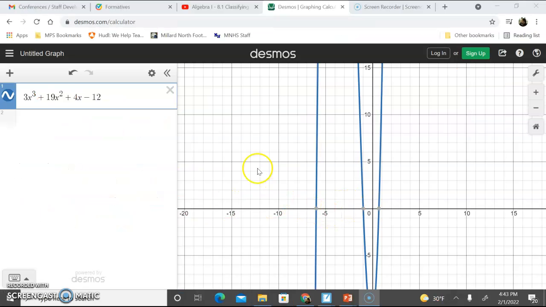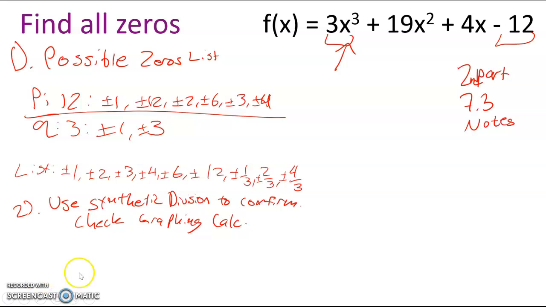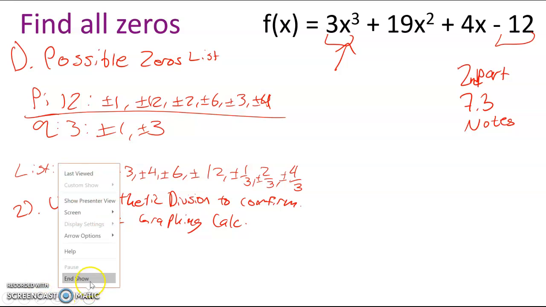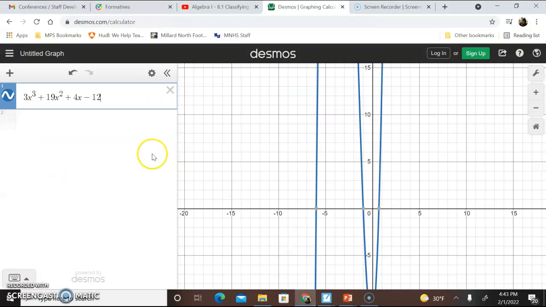All right, so I've gotten to my graphing calculator. I've plugged in my equation here. And what I find is that I have zeros of -6, -1, and then 0.667.